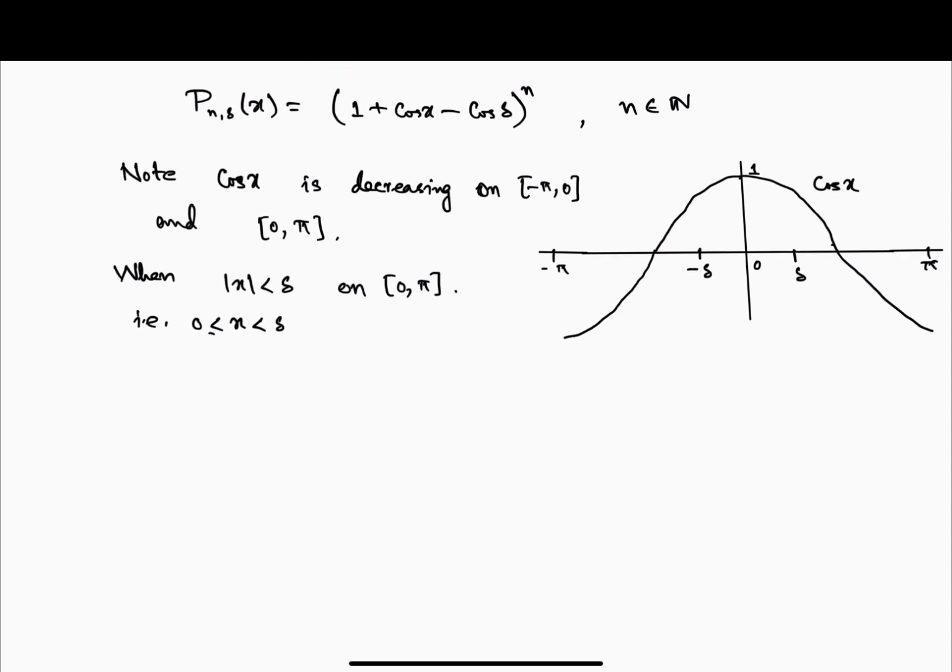As cos is decreasing, cos x minus cos delta is positive, because cos at the point x is bigger than cos delta on 0 to delta.